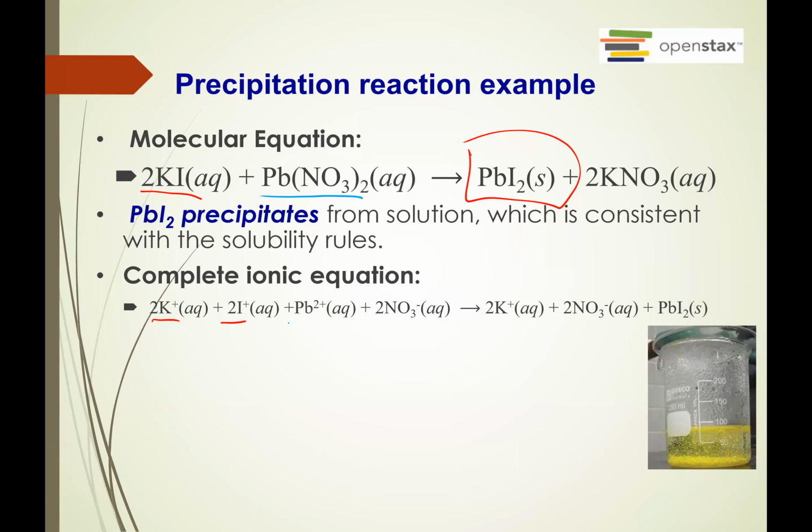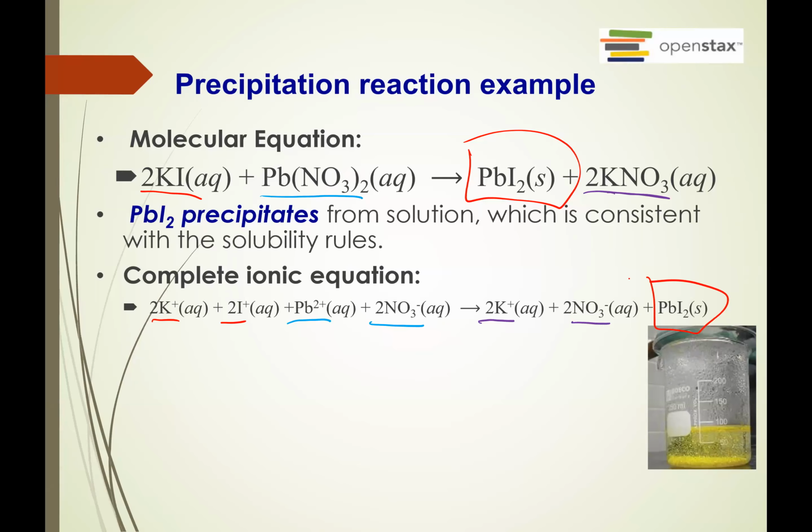Here's our Pb(NO3)2, there's our Pb, our 2 NO3s. And then we've got our 2Ks and our 2 NO3s from here. And you can see this PbI2 stays together. It does not come apart. And again, this is our complete or total ionic equation.